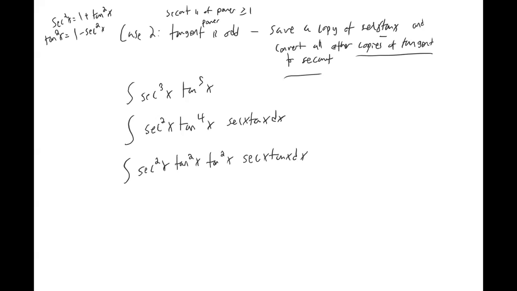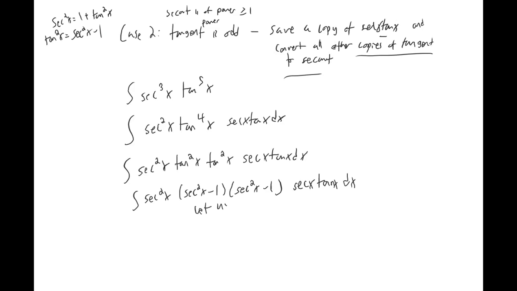Or sorry, secant squared x minus 1. The idea of secant and tangent is the exact same as the idea of cosine and sine in the odd case. That's sort of why I just go over it anyways.